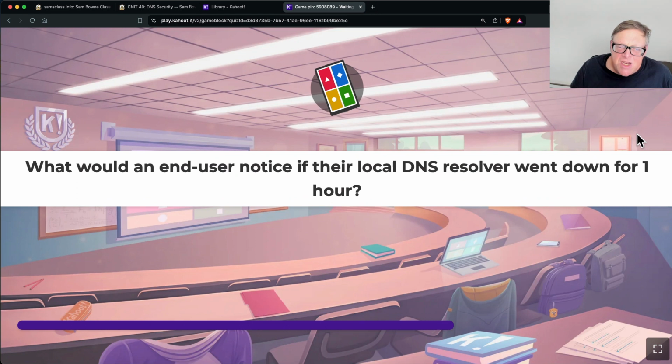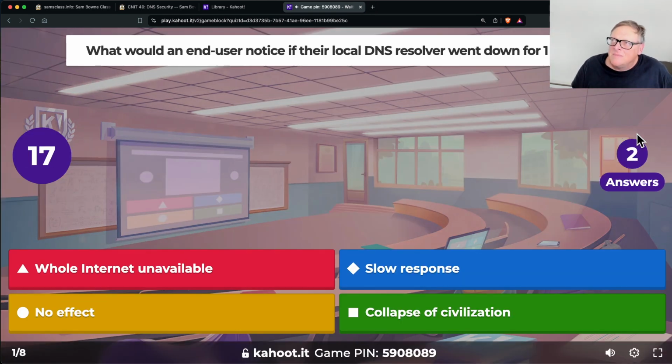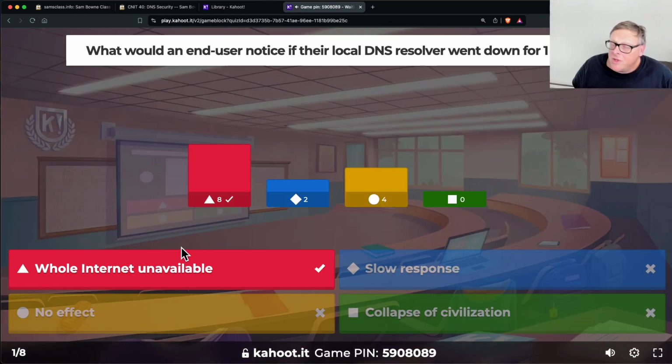So what would happen if your local DNS resolver went down for an hour? Yeah, the whole internet would be unavailable.